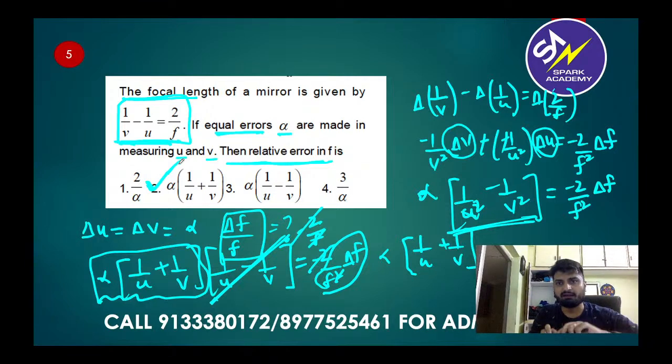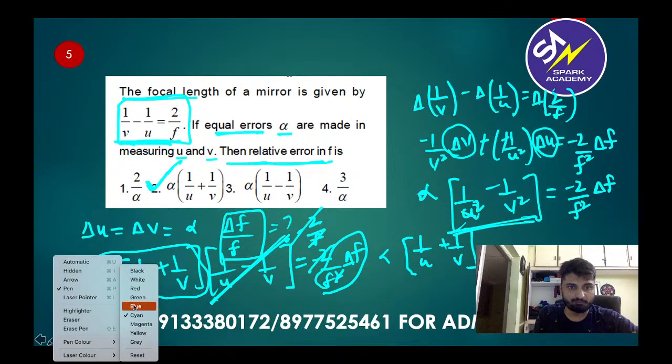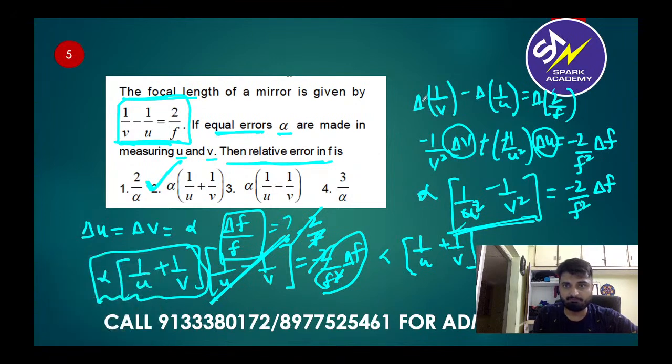So what am I doing? I'm basically differentiating on both sides using delta. And then delta u and delta v, I can write as alpha. So once I write that, you can get 1 by u square minus 1 by v square.